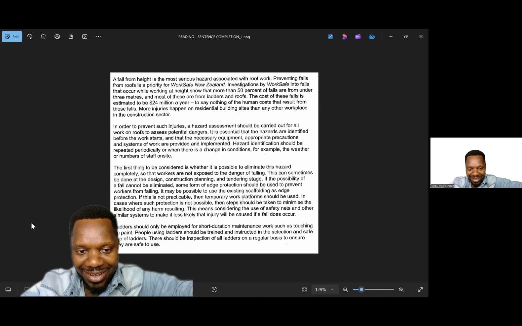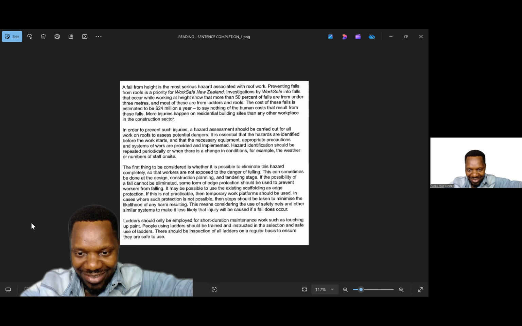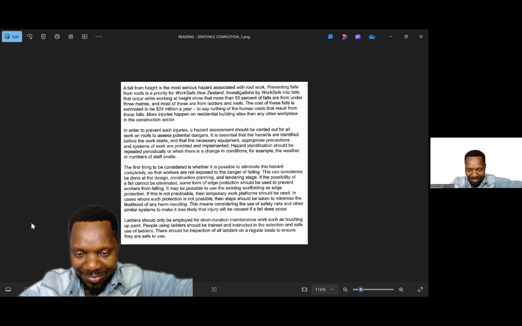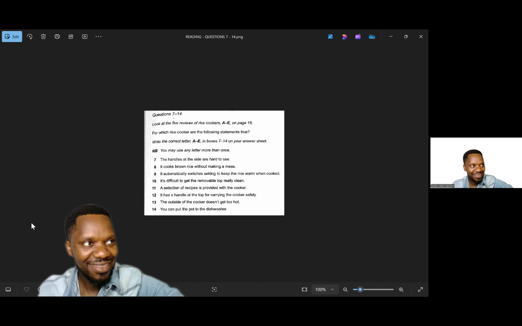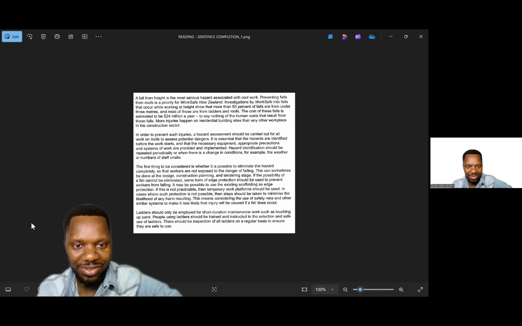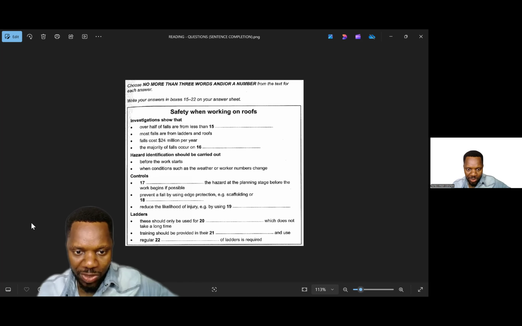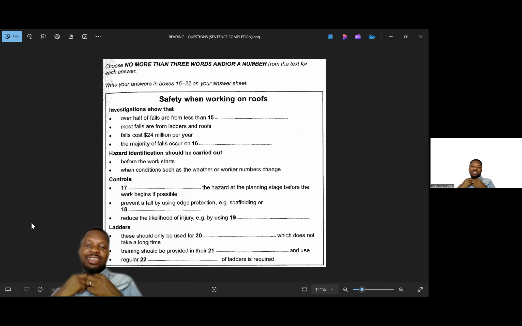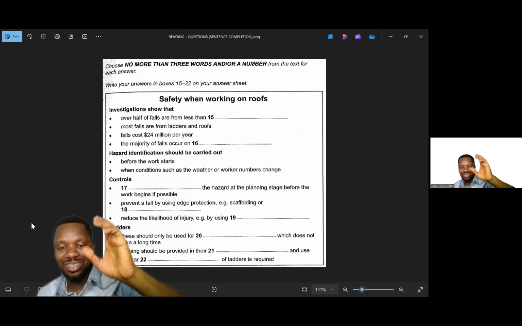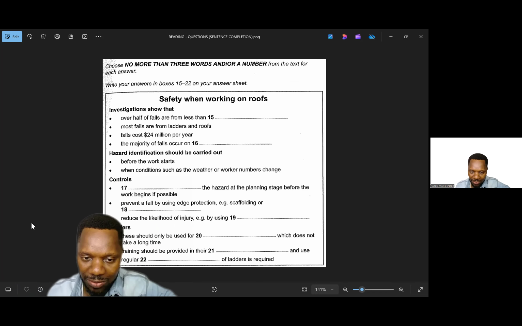Yep, that's correct. Training should be provided in their selection. So they should be trained on how to make selections of ladders before they use them. Then regular inspection of ladders is required, right?